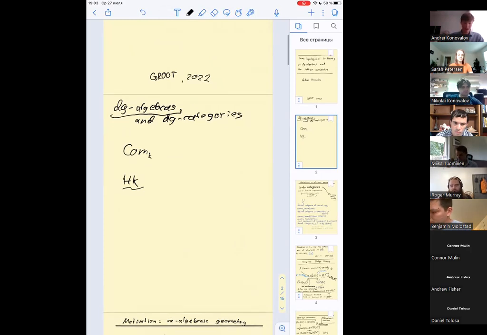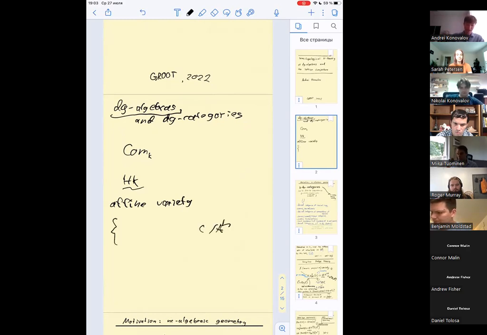So, why do we care? For example, because dg-algebras come from a lot of different structures, from a lot of different fields even. The example that would be relevant for me is that whenever you have an affine variety, which simply means that it's something given by a finite number of equations in an affine plane.